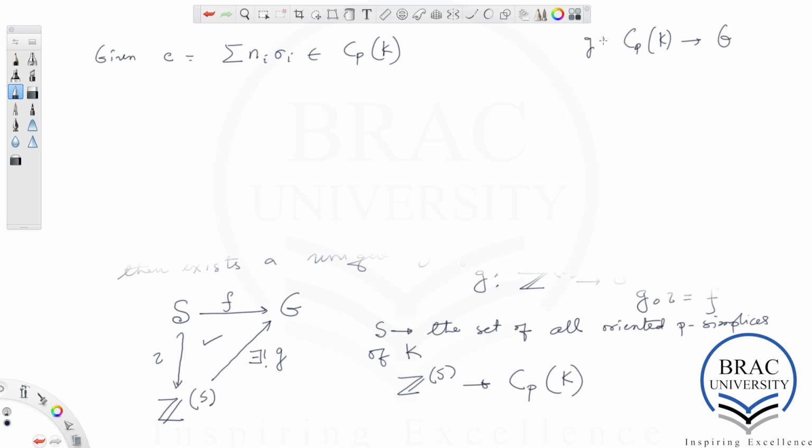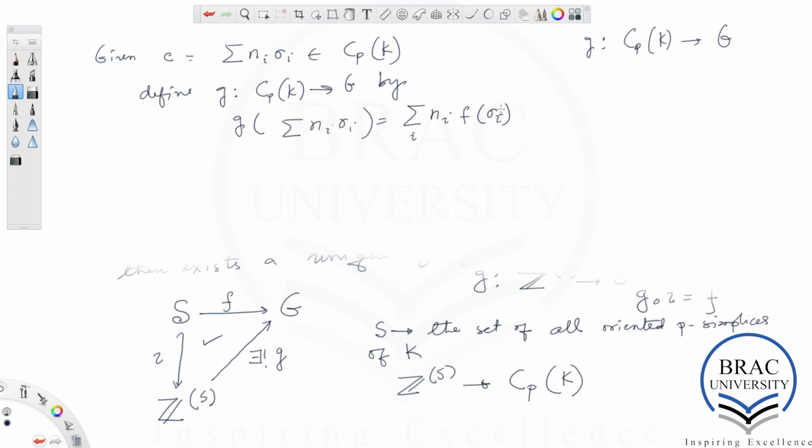We define g from C_p of K to G by g of the sum over n_i sigma_i, a finite sum with finitely many i's, equal to the sum over all i of n_i times f of sigma_i.